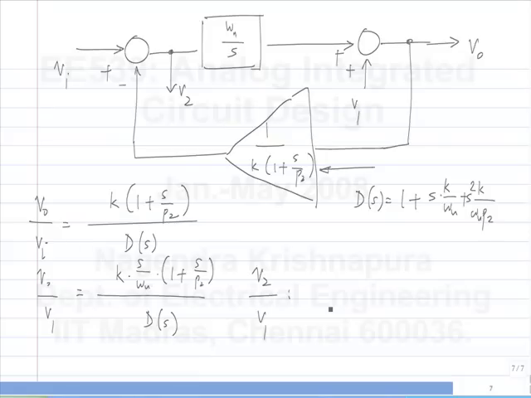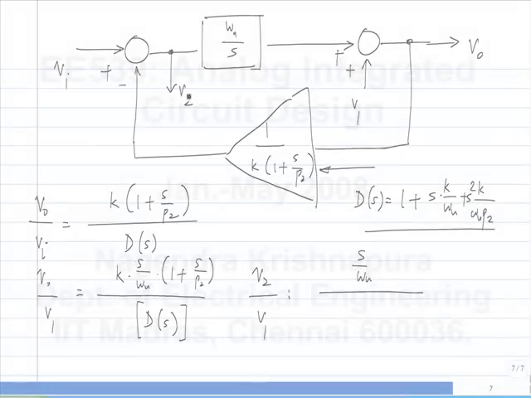What is the answer? K, no, just the numerator. Let's say, did you get the denominator to be the same denominator or no? So what is the numerator? S. S by omega u, I think, actually.